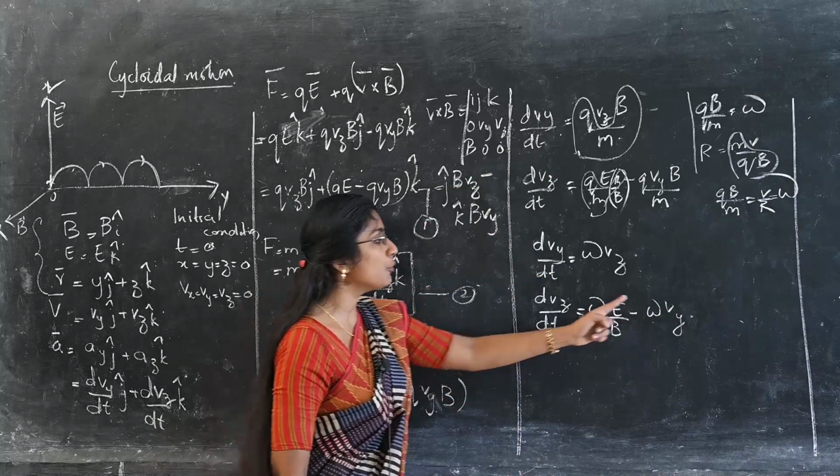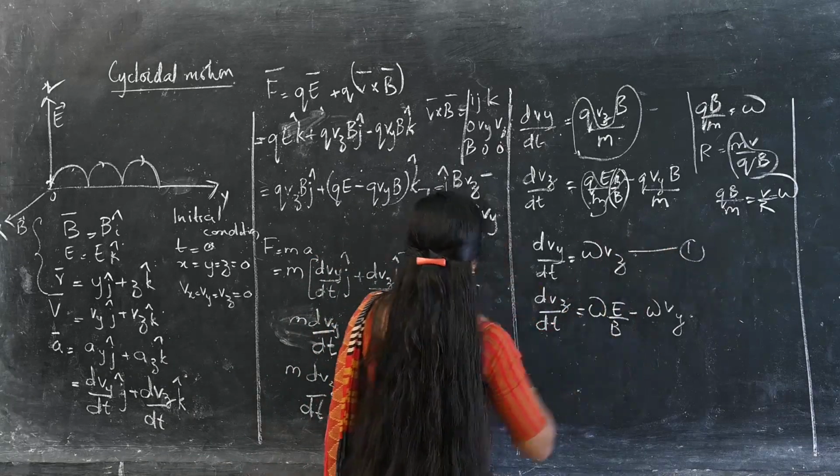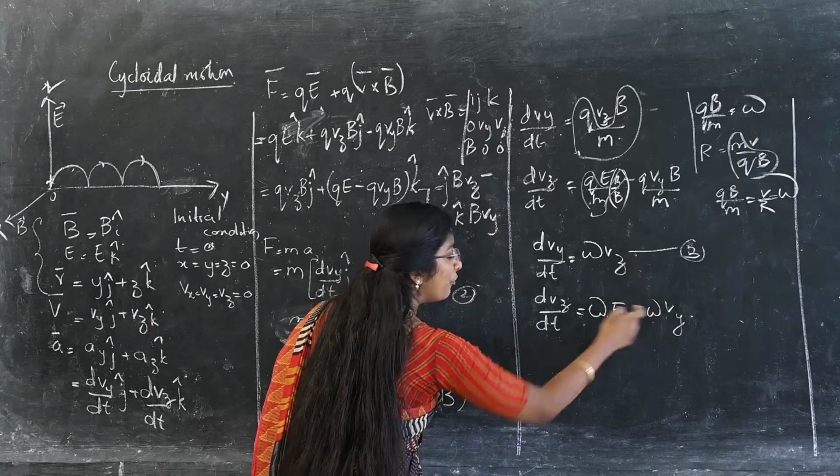From this equation I am going to write down Vy. This I give as equation 3, and I am going to write down Vy from this.